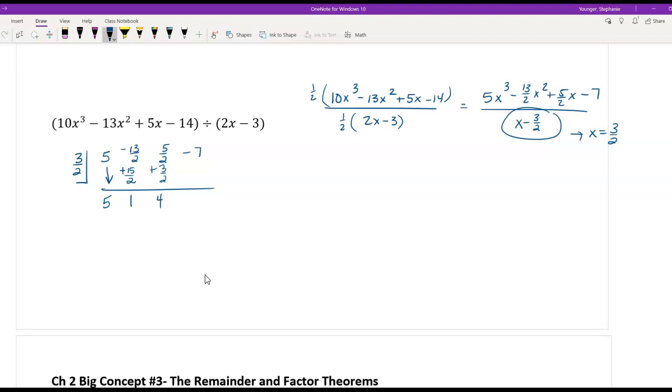Look at these nice, pretty numbers. 3 halves times 4 is 6. Negative 7 plus 6 is 1. That becomes that remainder.